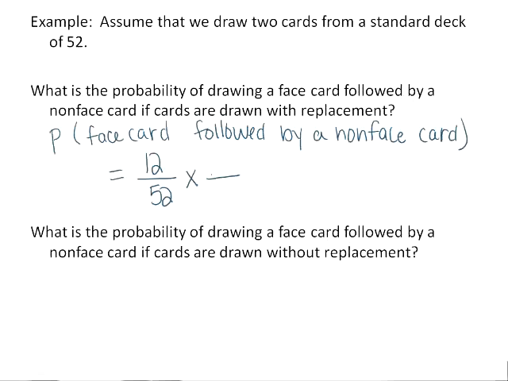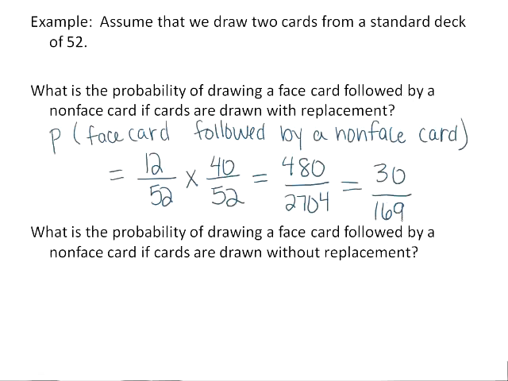Now the first card has been put back in the deck since these cards are drawn with replacement, so we still have 52 total, and we have all 40 non-face cards still in the deck. So this is a total of 480 divided by 2704, which reduces to a fraction of 30 divided by 169.